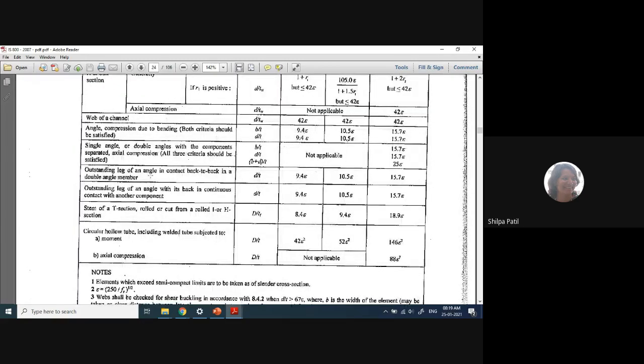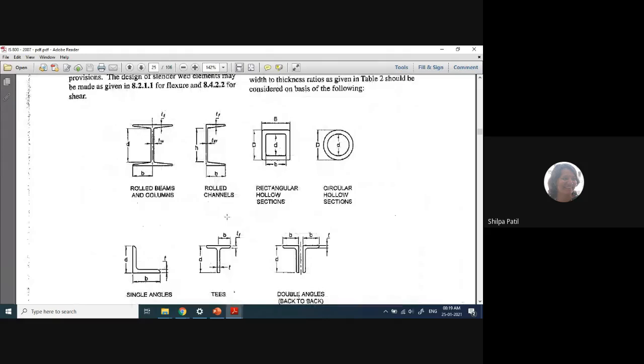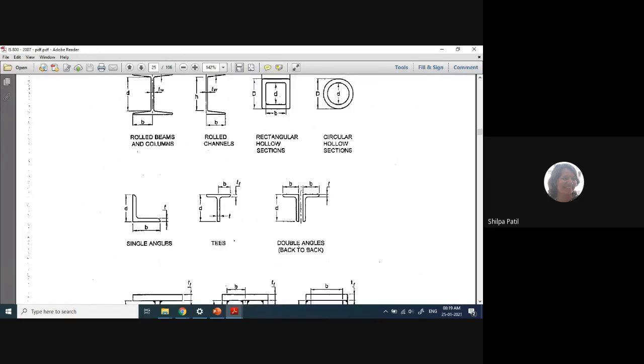Now the next row is outstanding leg of an angle in contact back to back in double angle member. Outstanding leg means this leg. This is a double angle which is in contact, but in contact there is only one leg. If you consider this as one angle and this as the second angle, one leg of the first angle is connected with one leg of the second angle.